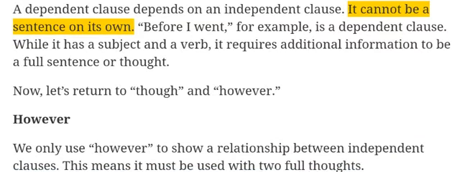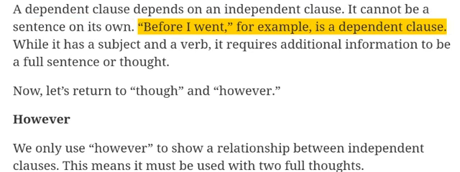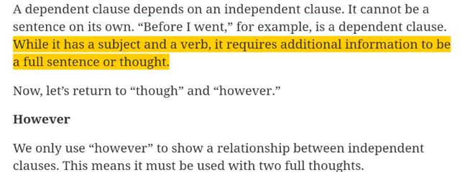It cannot be a sentence on its own. Before I went, for example, is a dependent clause. While it has a subject and a verb, it requires additional information to be a full sentence or thought.